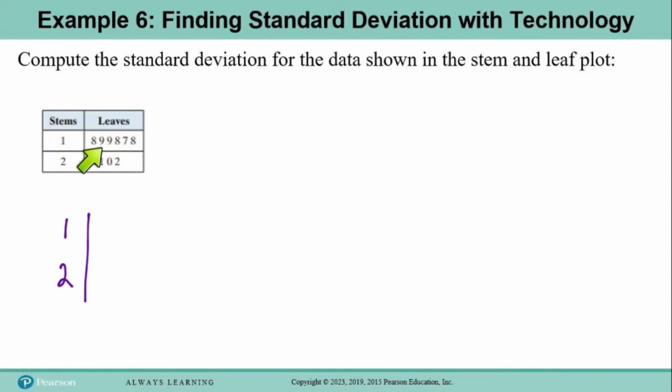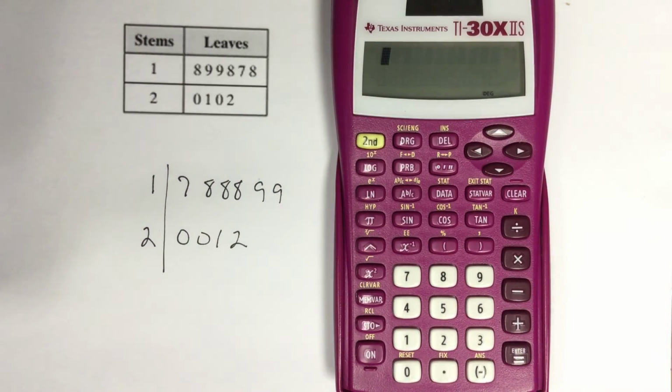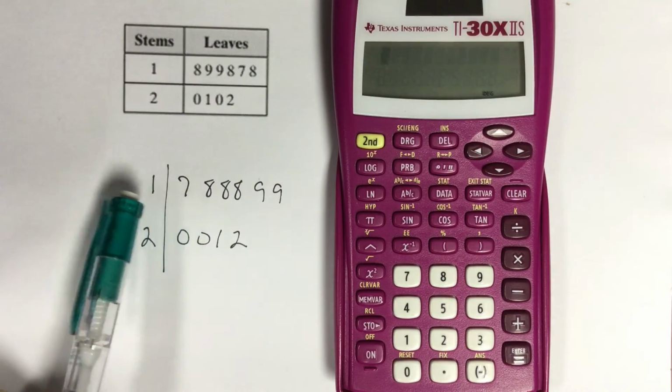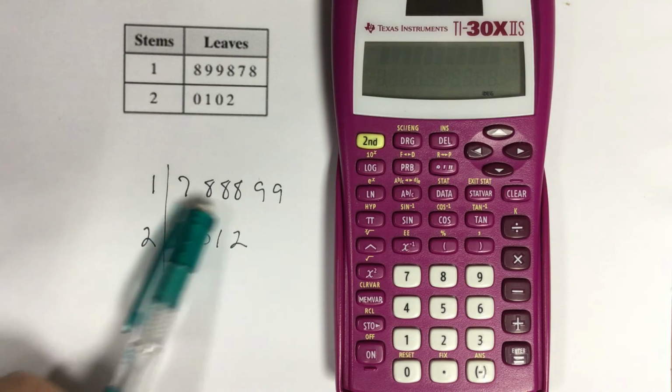On this first row, I notice that we have 1 7, but it looks like 3 8s and 2 9s. And on the second one, it looks like we have 2 zeros and then a 1 and a 2. So this is the stem and leaf plot that we will use to put our data in the calculator.